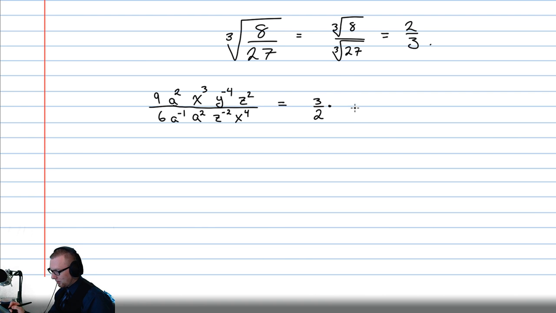So let's break it down. So you have a squared over a to the minus 1 a squared. Okay, that will be 1. Wait. Let me fix that.